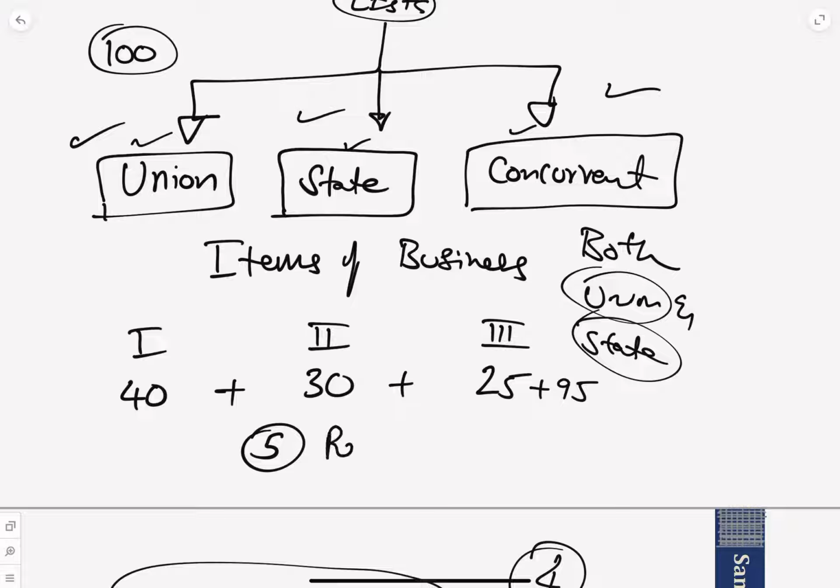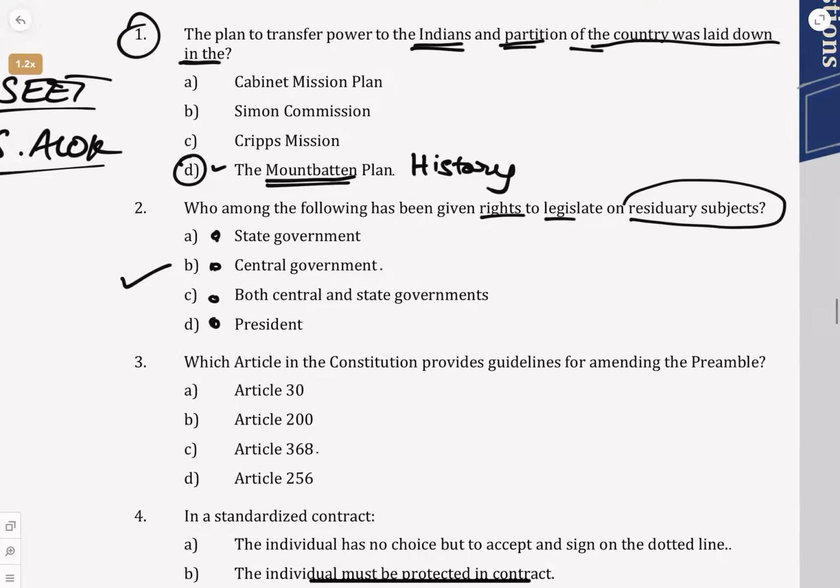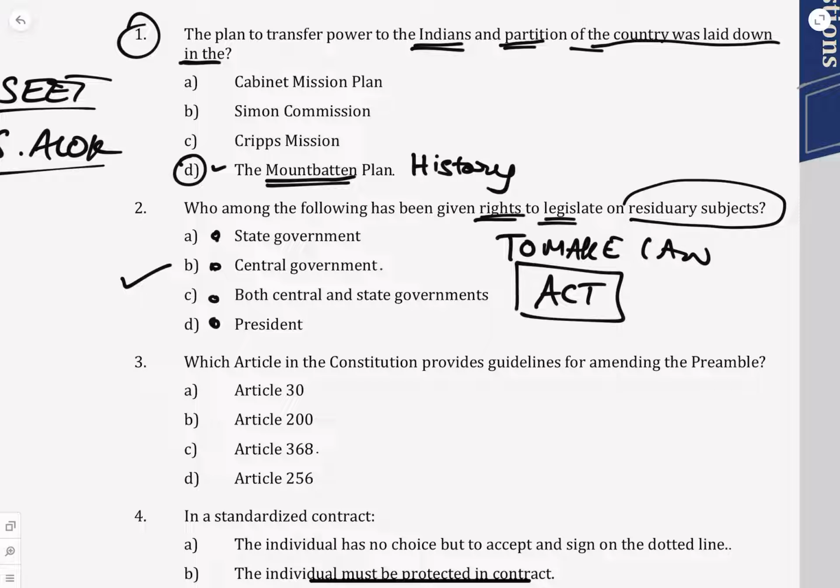Those are only residuary matters. So for these residuary matters, the question is, who has been given the right to legislate? Legislate means to make law, or what we call act, ordinance.